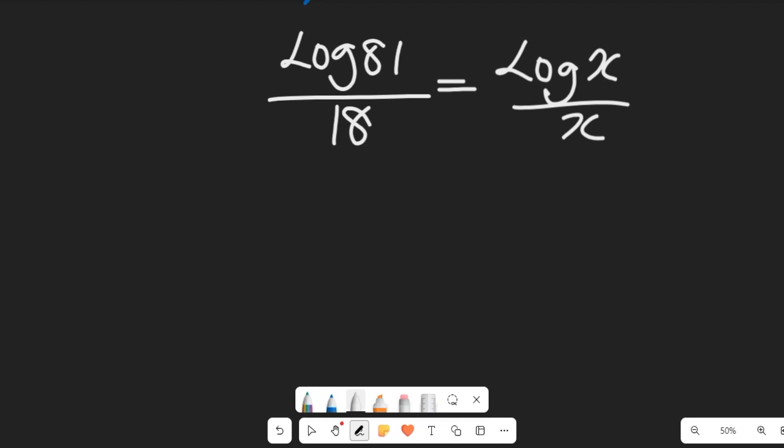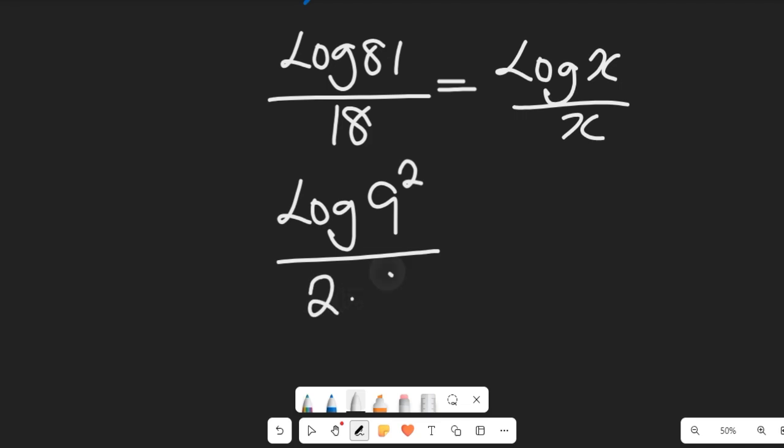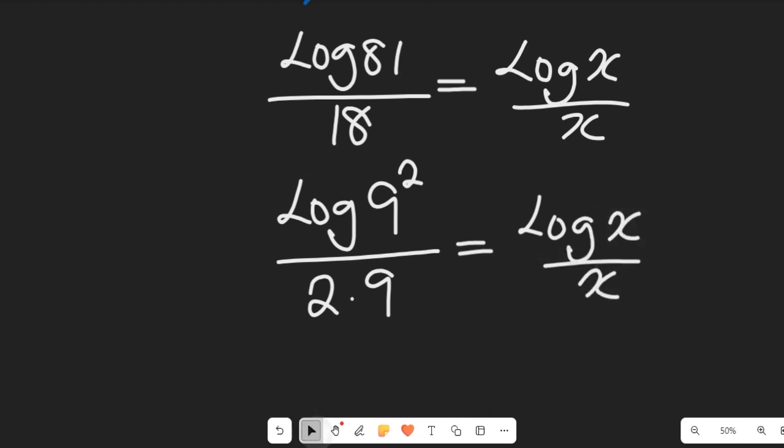If I simplify this, I'll have log of 9 to the power of 2, divided by 2 multiplied by 9 which is 18, equal to the log of x divided by x.